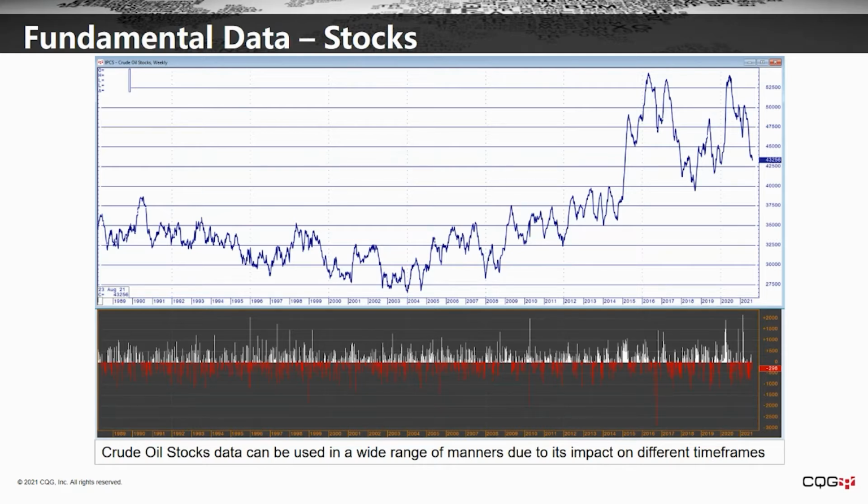The stocks data is probably the more interesting out of the three, and most likely to be analyzed. Given the type of instrument that we're looking at, moves are mostly driven by actual supply and demand, which is what commodities is really about. The lower the stocks, the higher the demand, and vice versa.